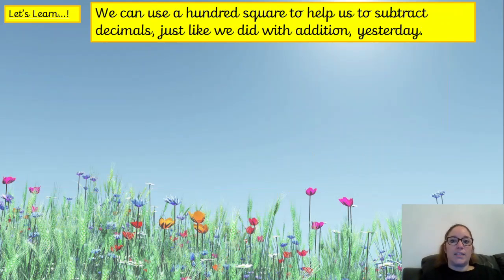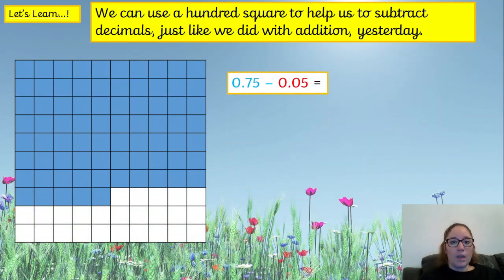Lovely. So we can use 100 squares to help us to subtract decimals, just like we did with addition yesterday. Okay, it's not quite as easy because you get bigger numbers, especially if they go over 1, but today we're just looking within 1. So we've got 0.75. So I've got 75 hundredths shaded on my 100 square.